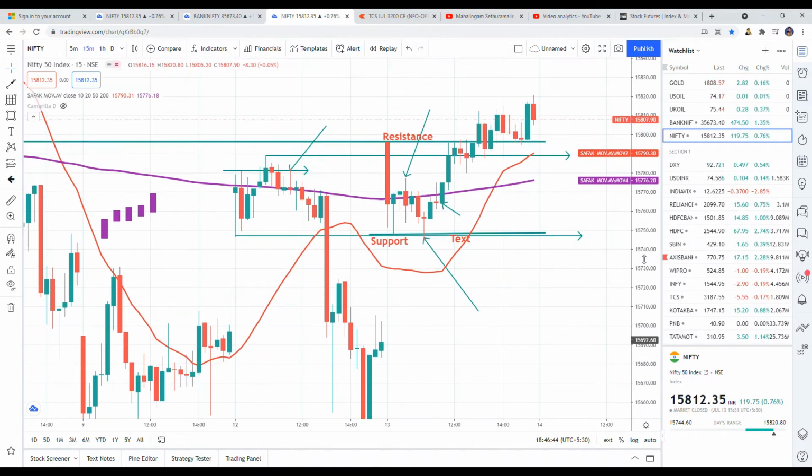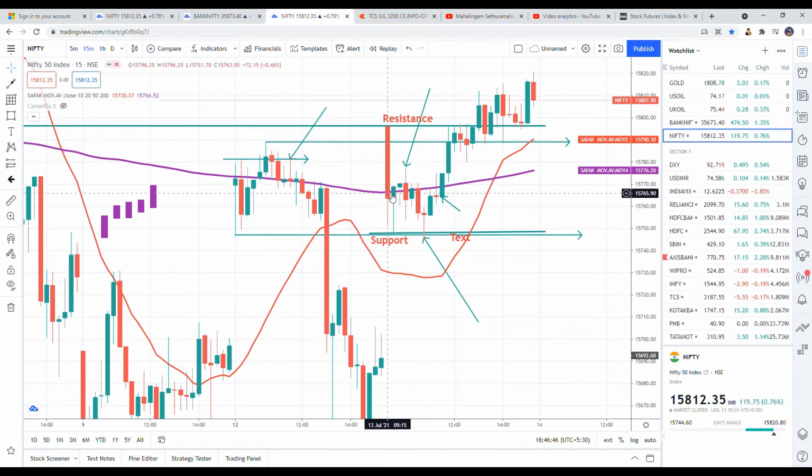Look at the 200 moving average, it is always through the day favorable with the bullish bias. After crashing these two candles, it is able to resume and crossed the 200 day moving average, and while pulling back again the price is supporting the upward bias and the trend is continuously in the uptrend.